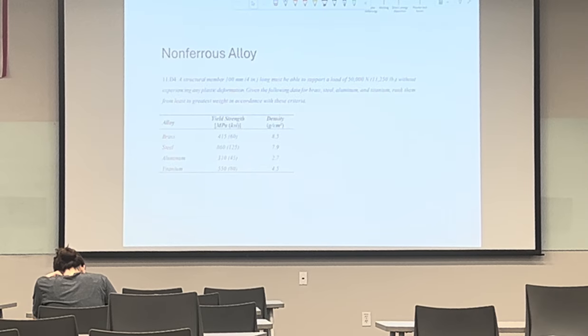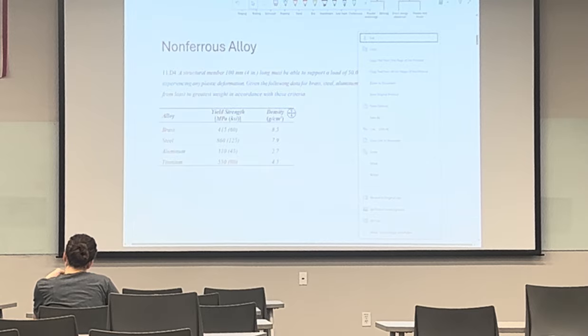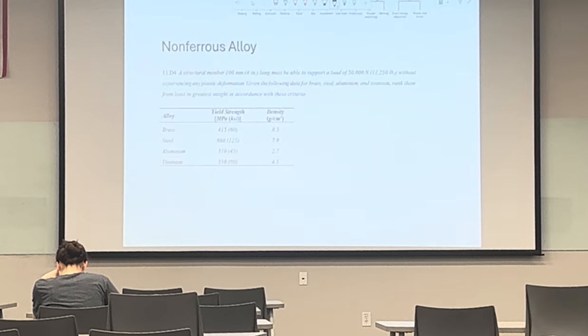And so, I guess the first thing to realize is that you are going to have to use your sigma y equation, which is just force over area. But in this case, we need to rearrange it so that we can solve for the cross-sectional area itself.